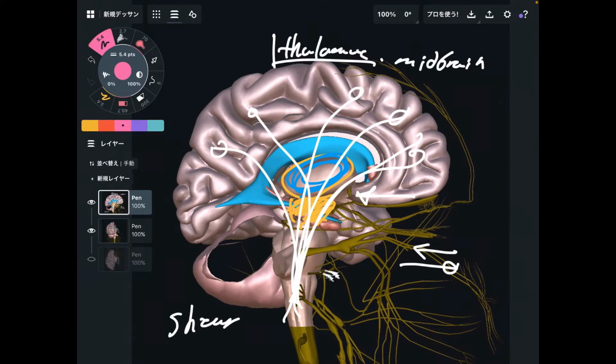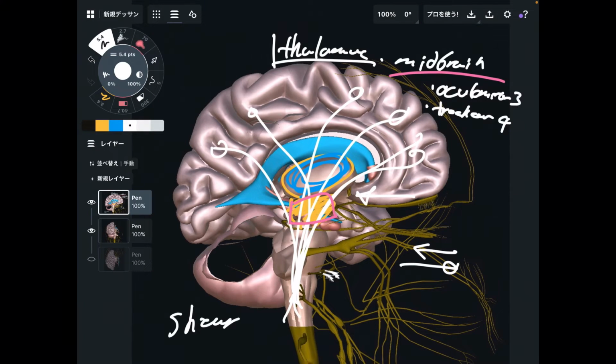What about midbrain? There are many important tissues in midbrain. There are two cranial nerves in midbrain. Number one is oculomotor. This is cranial nerve 3. Next one is trochlear nerve. Trochlear nerve is cranial nerve number 4.